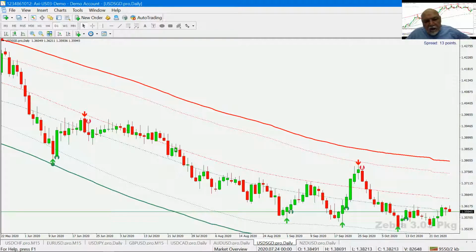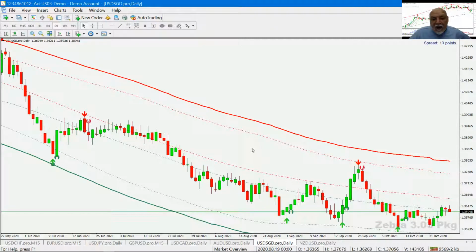And you can definitely make some pips on the Singapore. A lot of people just ignore it, don't know about it. If you've got the availability of the U.S. Singapore dollar currency pair, it's a good pair to keep in mind.